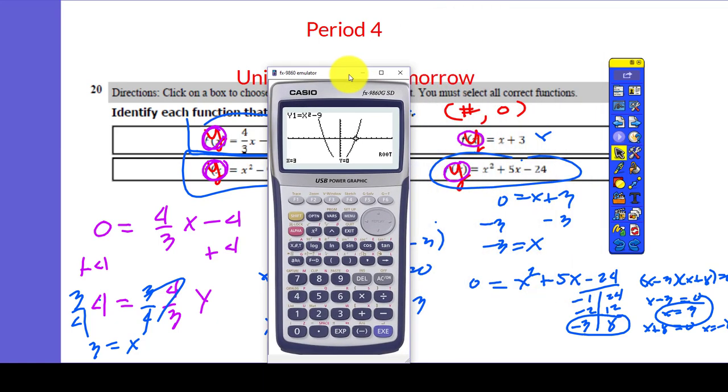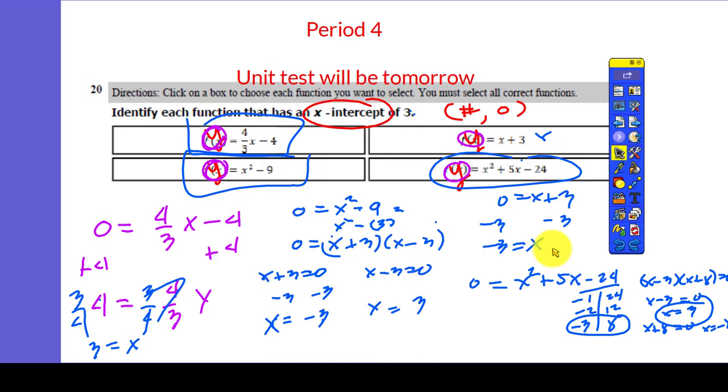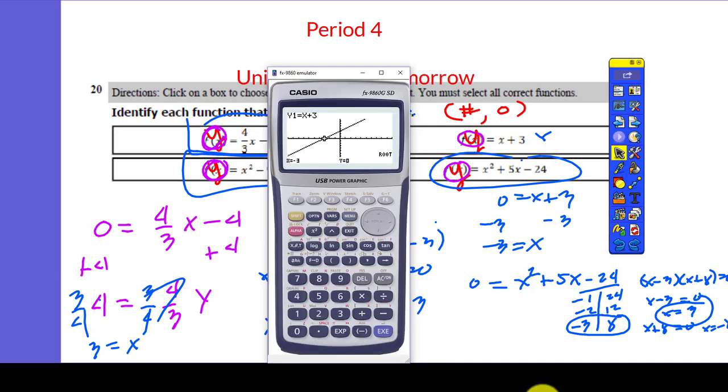What about this one? Let's check. So exit, you go up, replace the function with x plus 3, EXE, draw, Shift G-Solve, look for the root. It gave you -3, the same thing that we got here. And finally, this option over here, exit out, type this one in, x squared plus 5x minus 24.